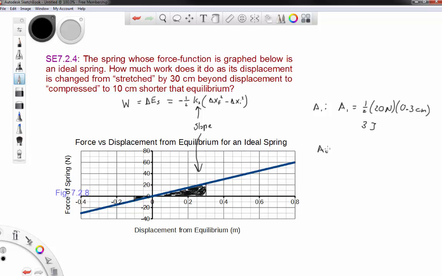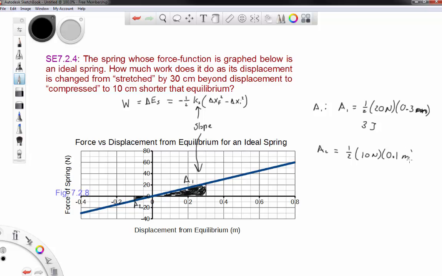Area number 2, so let's label this area 1, area 2. Area 2 looks like it is in the 10 newton height, so 10 newtons, and then this was 10 centimeters, so 0.1 meters. I erroneously marked this as centimeters.